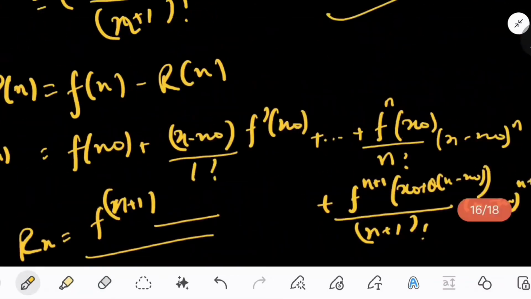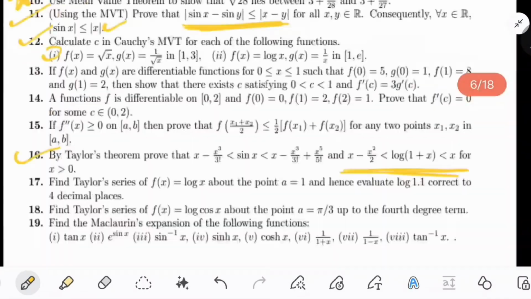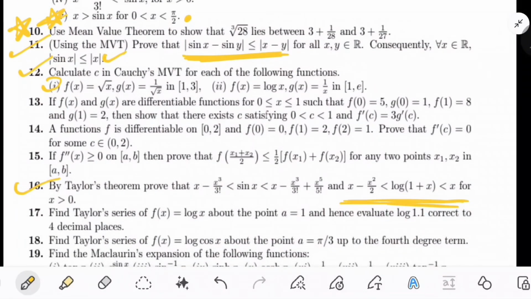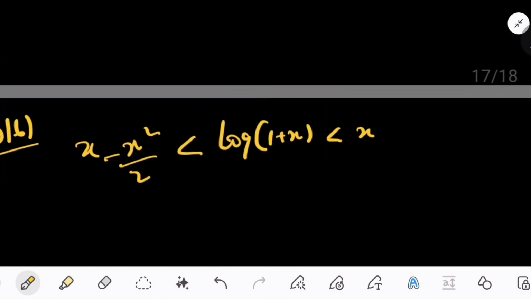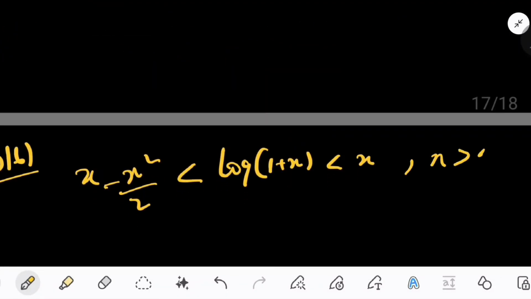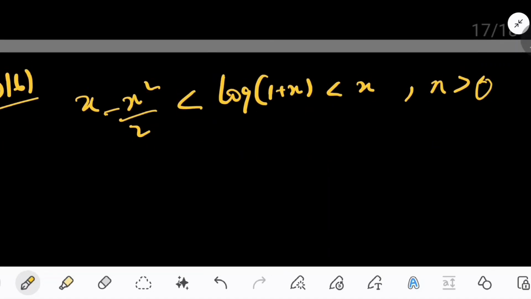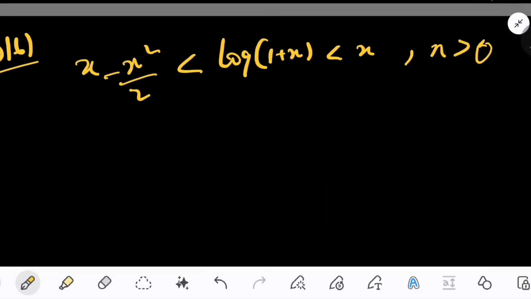This is the expression, I guess. Yeah, this is the expression for x greater than 0. Okay, for x greater than 0, right? So that is the basic idea, right?